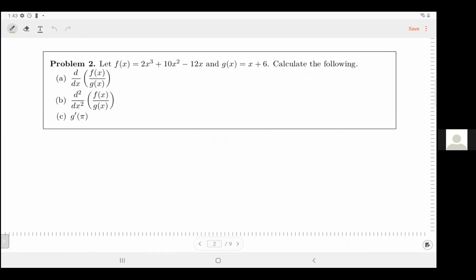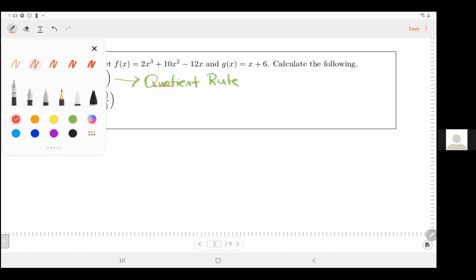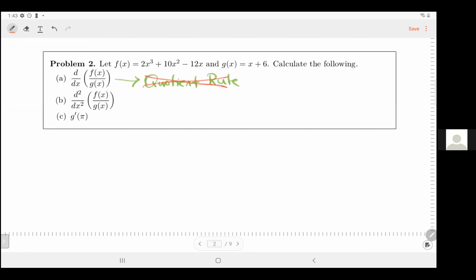If any of you have taken a calculus course before, you might look at this thing and think quotient rule, but that is not something we've learned, as far as I'm aware, in Daryl's class. So we're not going to do that. We're going to try to do this all algebraically.